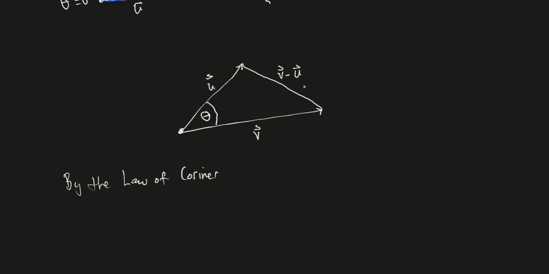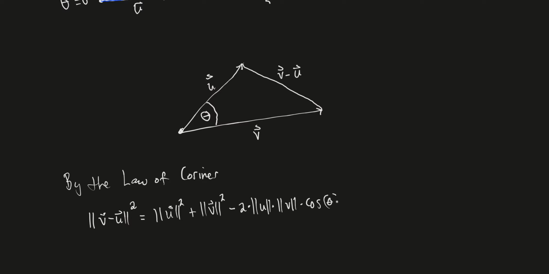And what it basically says is that the length of this side squared, now the length of that vector is just its magnitude, so I'm going to write this down as the magnitude of v minus u, squared, is equal to the length of u squared plus the length of v squared minus 2 times the length of u times the length of v times the cosine of the angle between them. All right? And there we go.